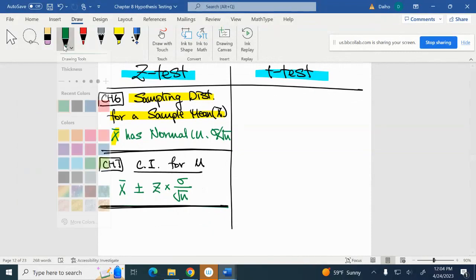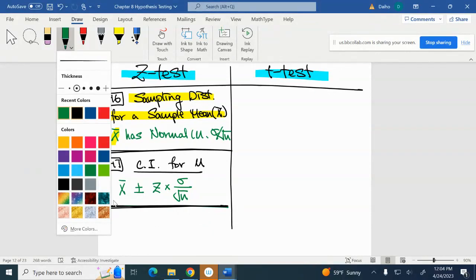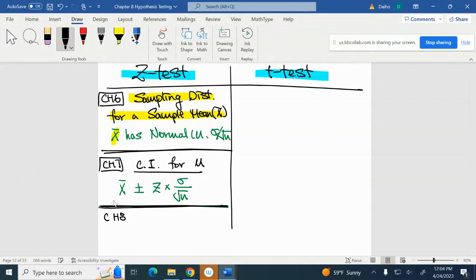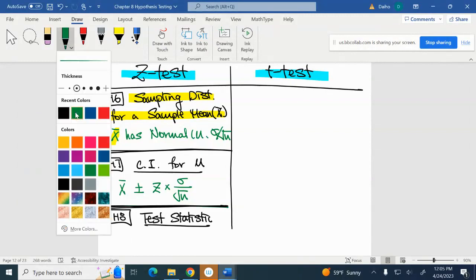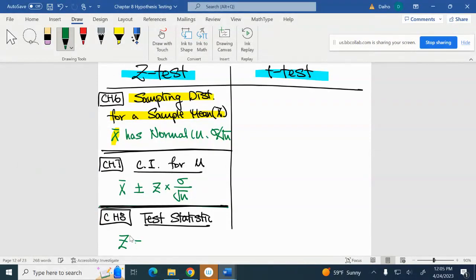And now in chapter 8, we got the test statistic. It was a z again: x bar minus mu 0 over sigma over square root of n.